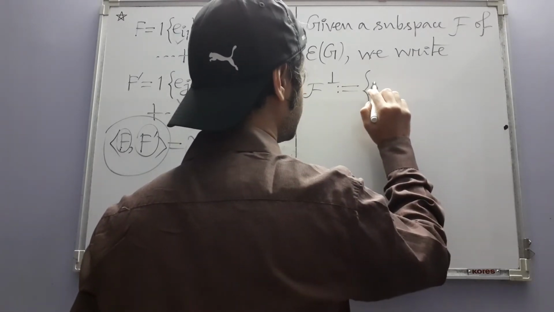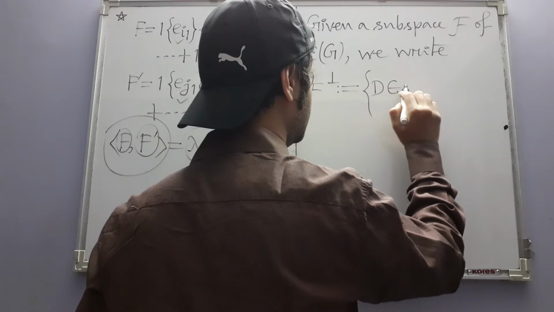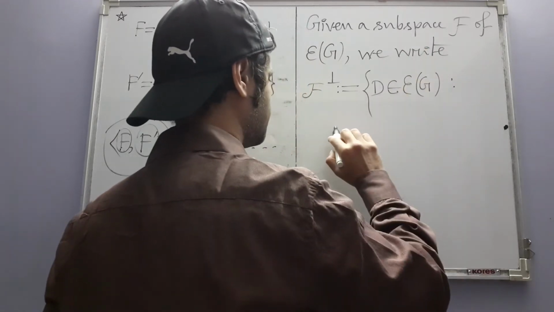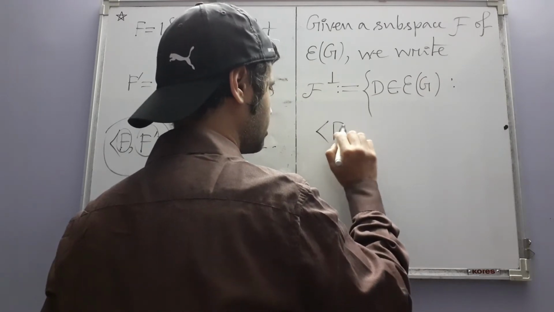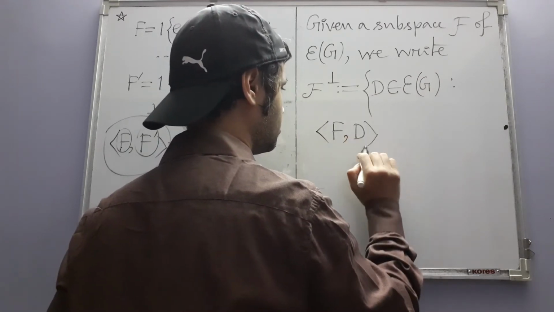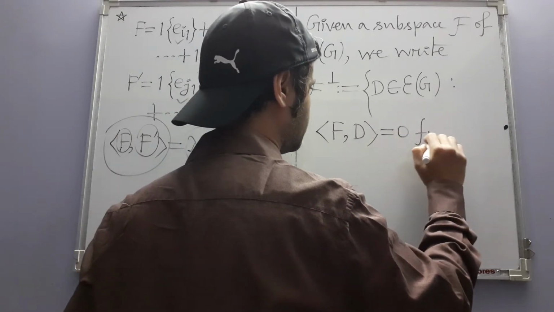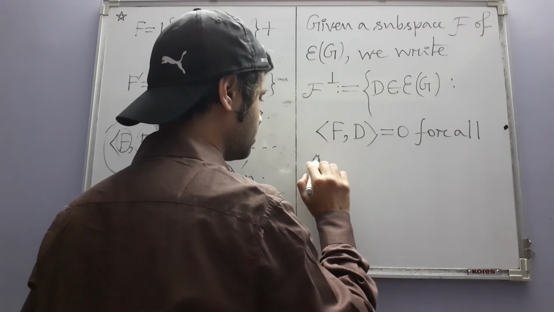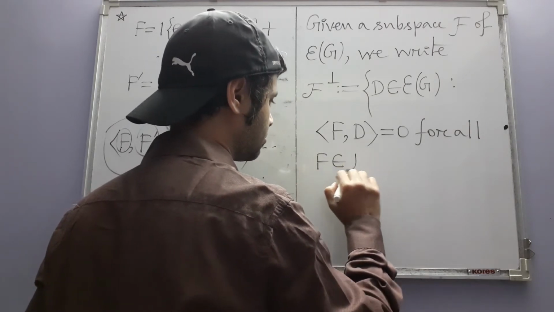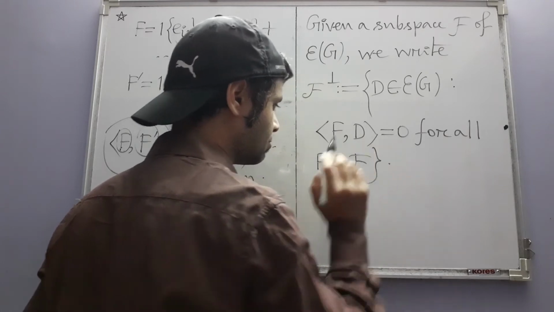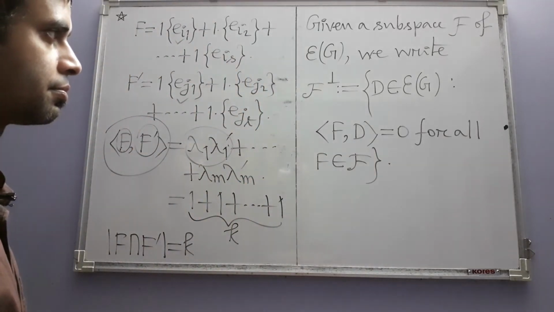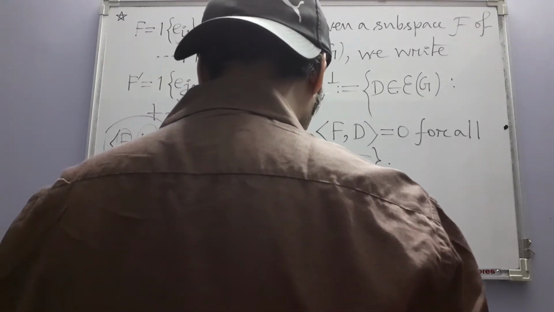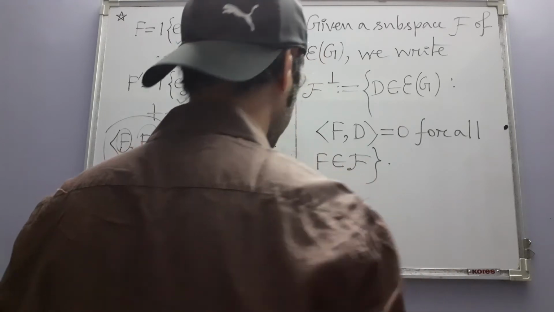It is the space of all elements D in our edge space such that the product of F and D is equal to 0 for all F belonging to our subspace F. And this turns out to itself be a subspace.